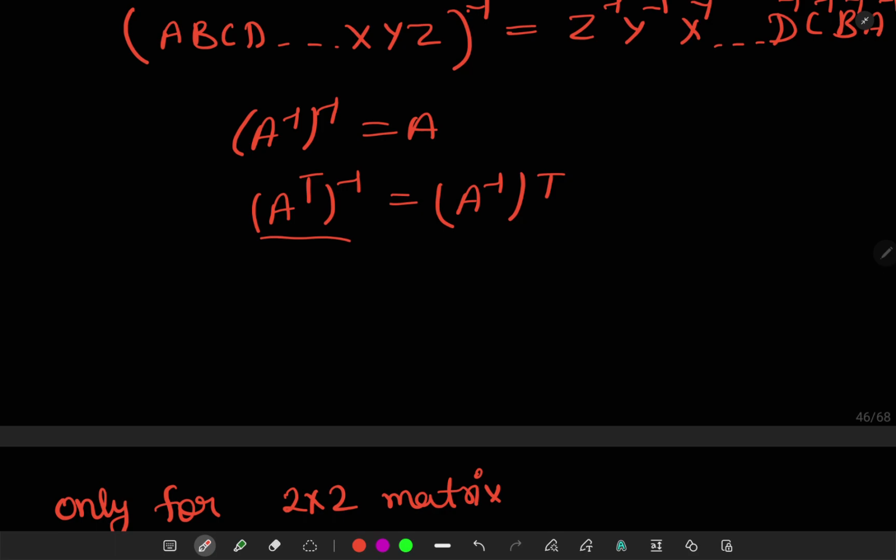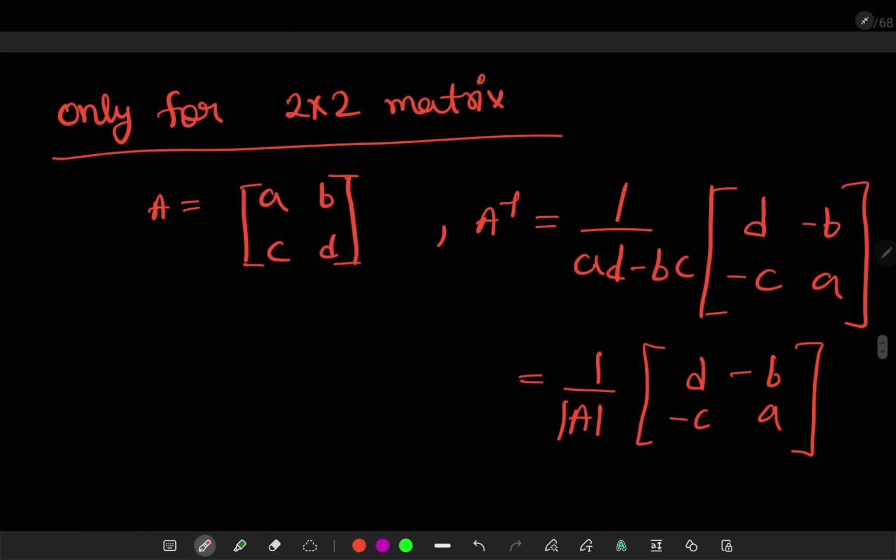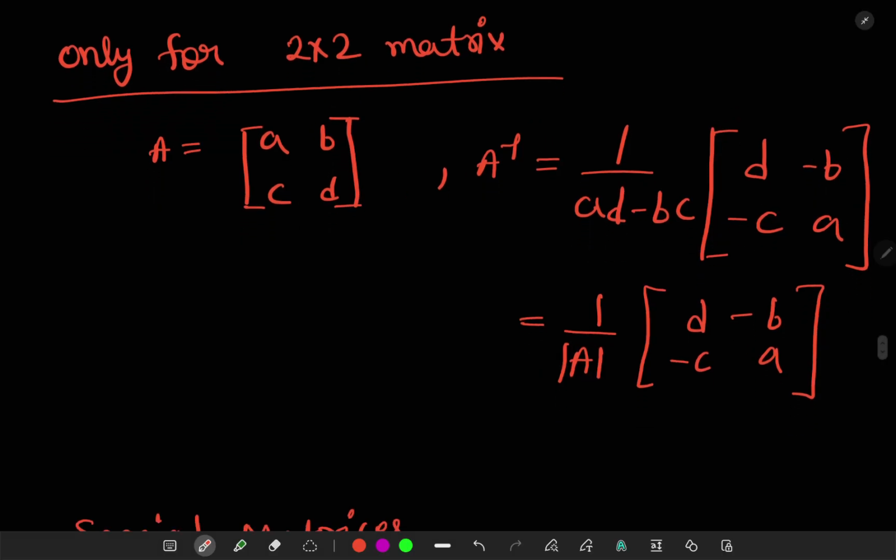Transpose of A inverse is equal to A inverse transpose. And this is only for the order of 2 into 2 matrix.